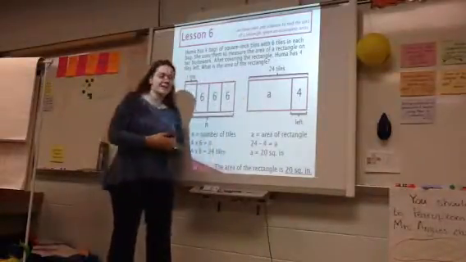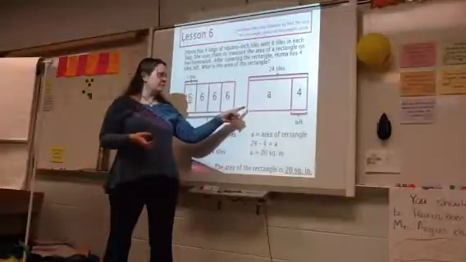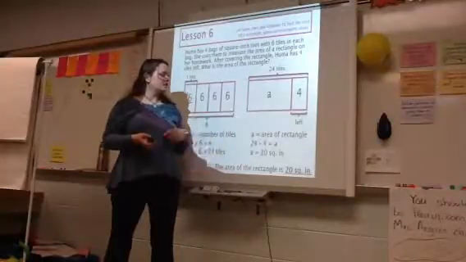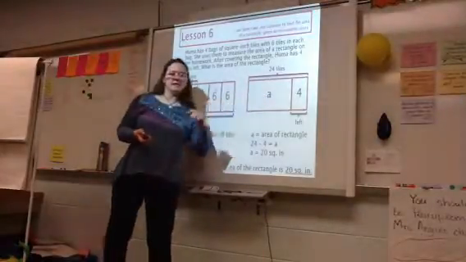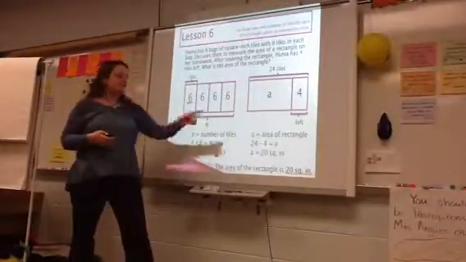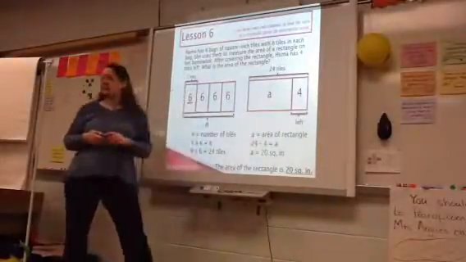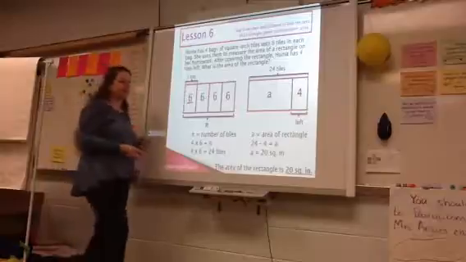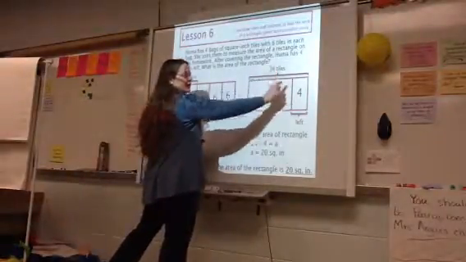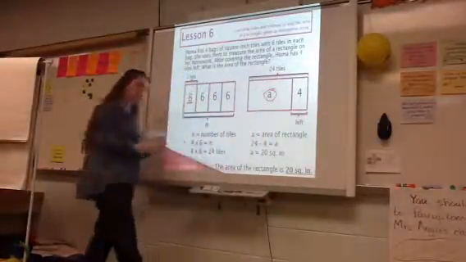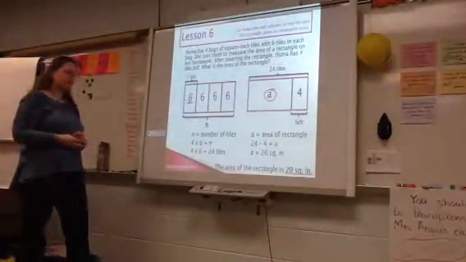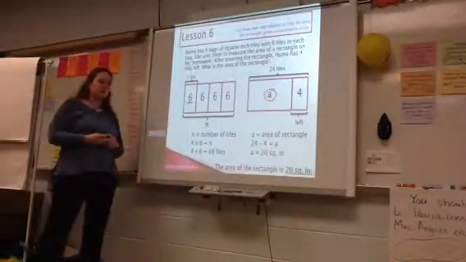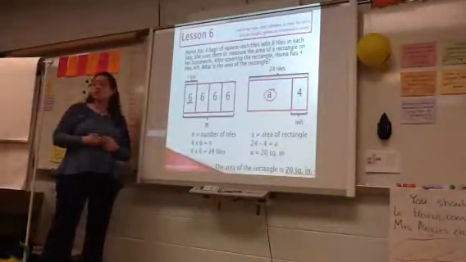And here I drew a second tape diagram. A is how many she uses, right? 4 is how many she has left. And I need to take 4 away from here to solve for A, right? A is area of rectangle. So the area of the rectangle is 20 square inches, right?